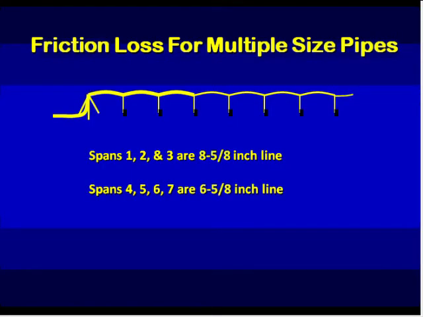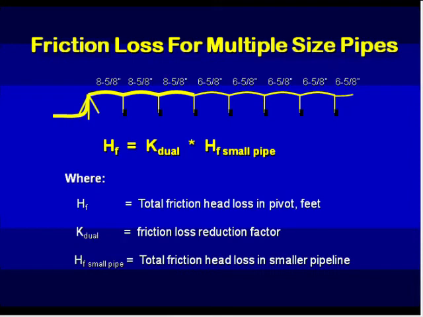So let's look at a system here now that the spans 1, 2, and 3 are installed with 8 and 5/8 inch pipeline, and spans 4, 5, 6, and 7 are the same 6 and 5/8 inch pipeline that we used previously. Now, the way this is different is that we simply take the friction loss of our small pipe that we've calculated previously, and we multiply it by the K dual factor.